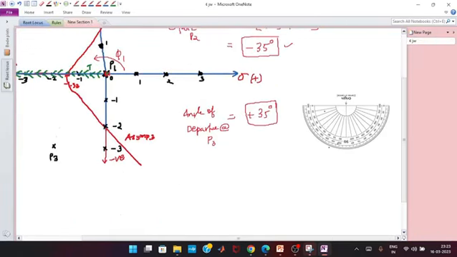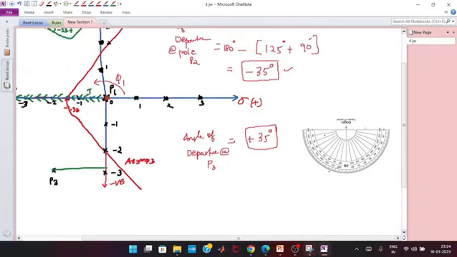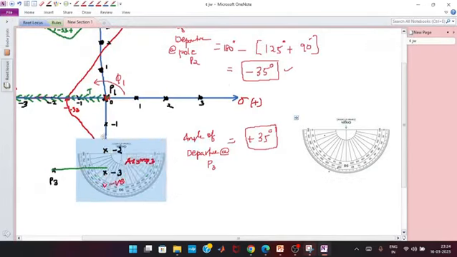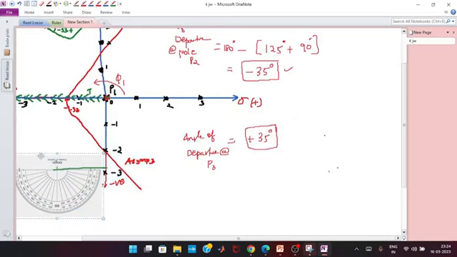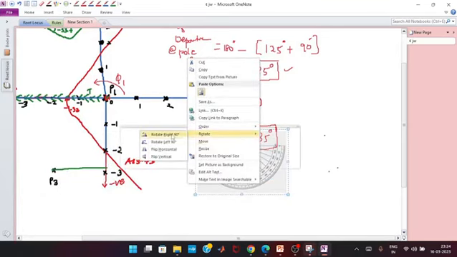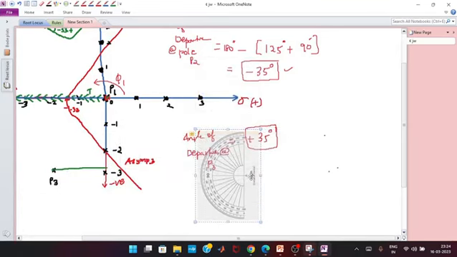Similarly, here also some angle of departure is there, right? What is the angle of departure? The value could be plus 35. What will you do for that? That is also very easy. You have to keep your protractor over here. Actually, you don't need to keep it over here because we can rotate the protractor, right? So now I can rotate it.